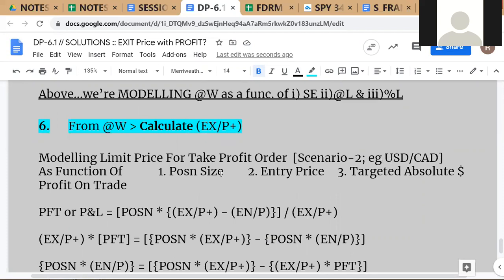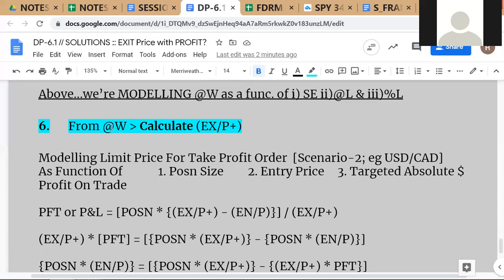We are sticking with the foreign exchange markets for profit calculations, because those scenarios are the most complicated. If you can do it for foreign exchange markets, you'll do it for any market like commodities or equities or bonds. We're taking scenario 2 from the position size calculations from last semester.